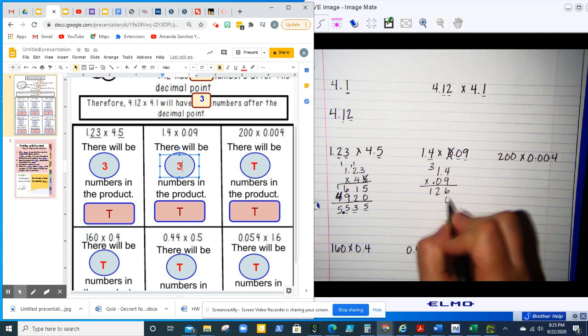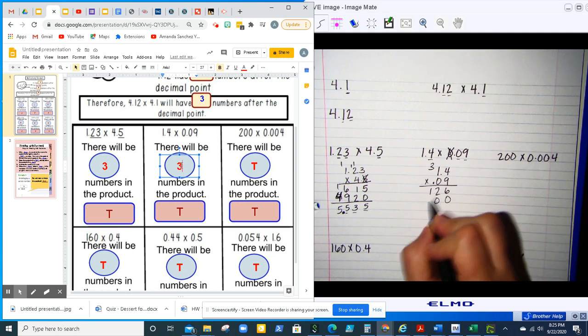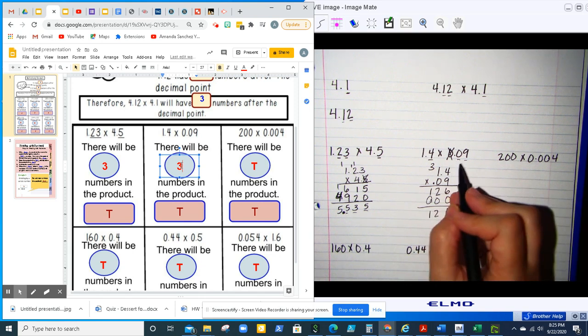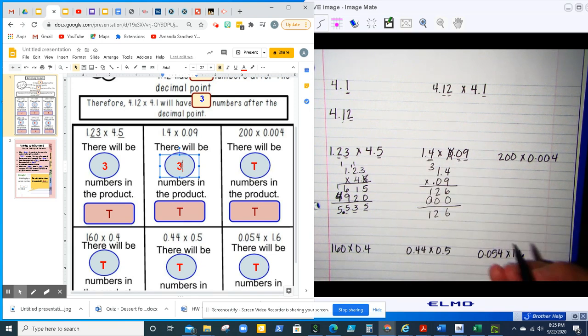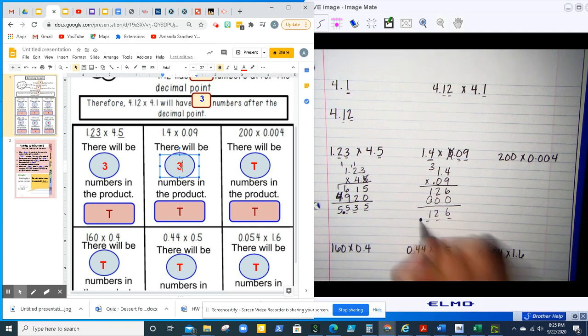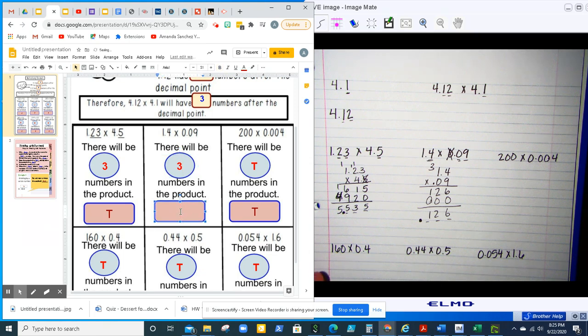You can multiply by the 0, but remember you're just going to get your 0. So 0, 2, 1. You should have 1, 2, 3 numbers behind your decimal. So it should be 0.126. And then let me put my answer here, 5.535.